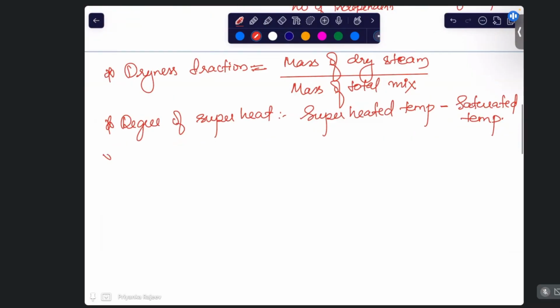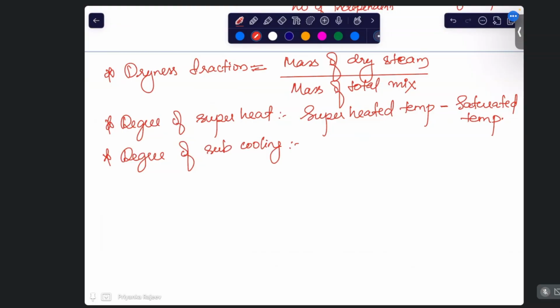Then degree of subcooling is like the extent or the amount by which water is cooled beyond saturated temperature.